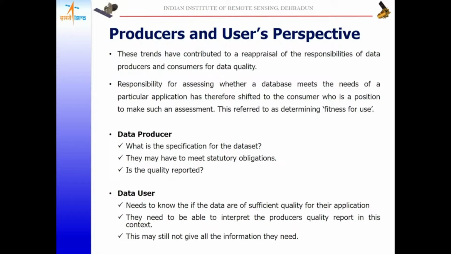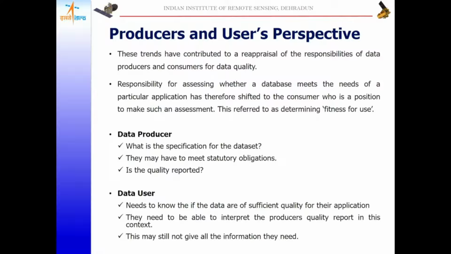Okay, then from the data user's perspective, he needs to know if the data are of sufficient quality for this particular application: the projection system, the resolution or the scale of the data, whatever is intended for their particular application, and whether he is getting it from the producer or not.